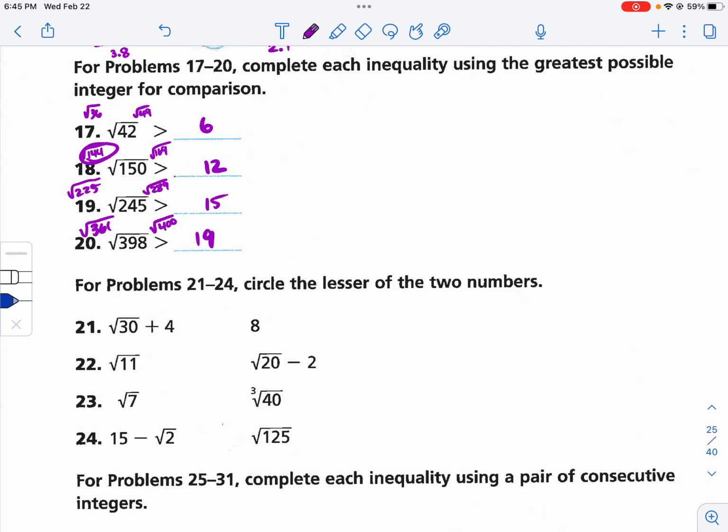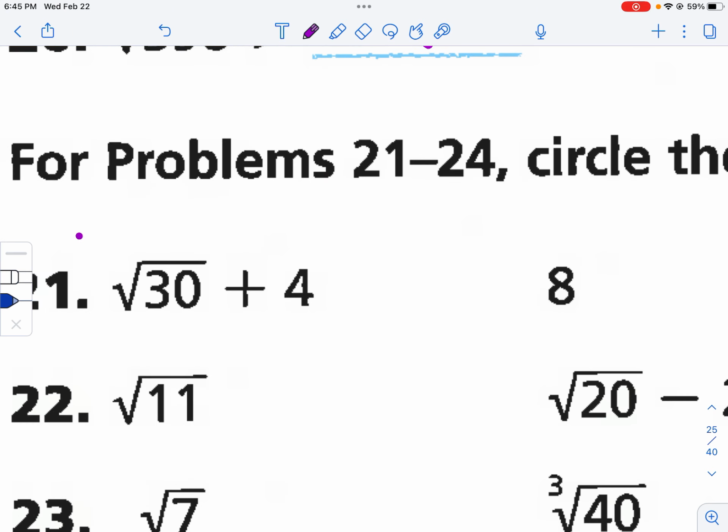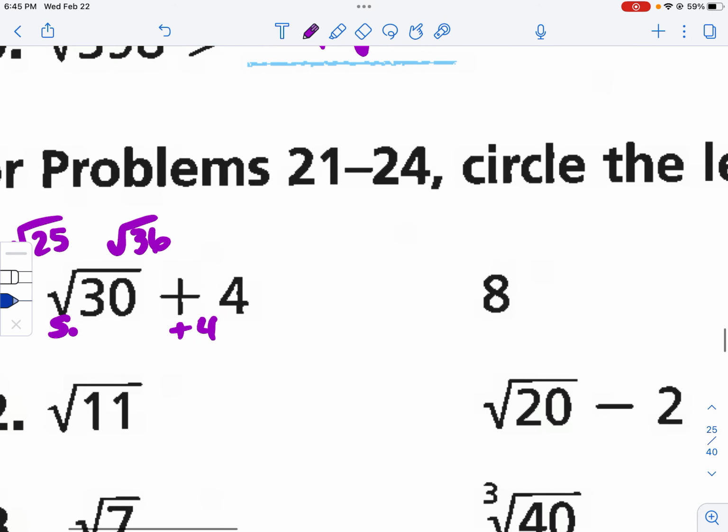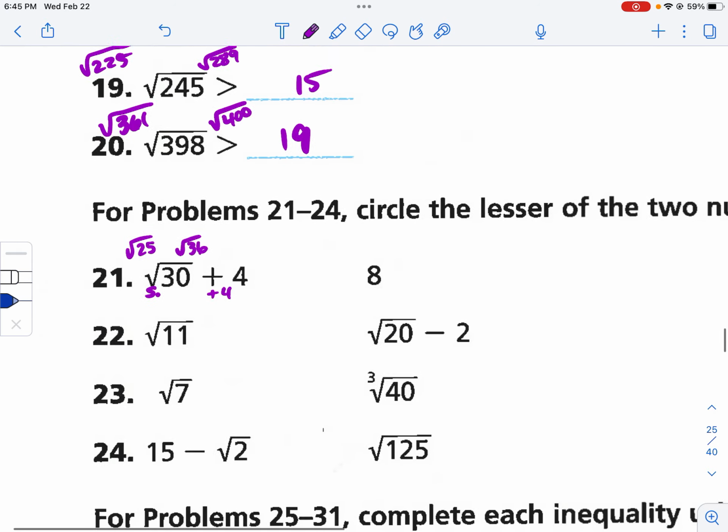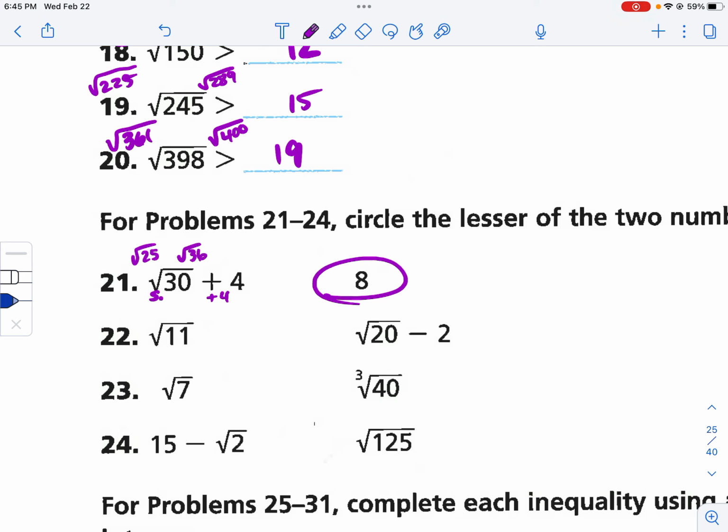Circle the lesser of the two numbers. So this is going to be between the square root of 25 and the square root of 36. So it's going to be 5 point something. So 5 point something plus 4, that'll get 9. We're circling the, oh my gosh, the lesser.